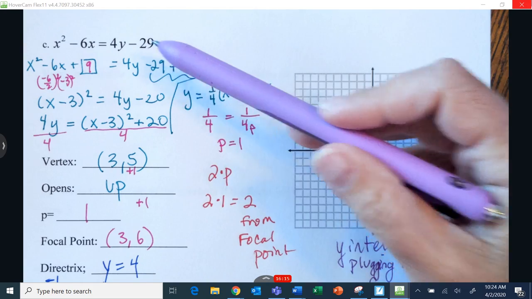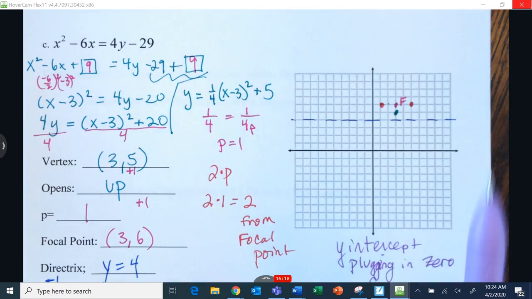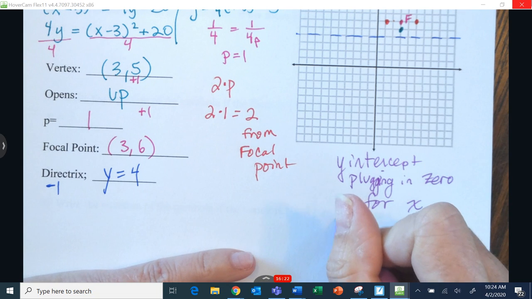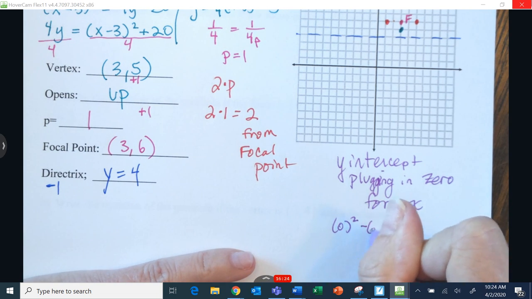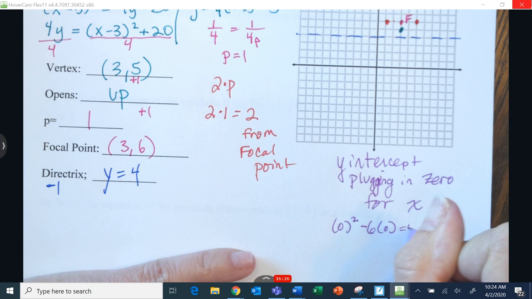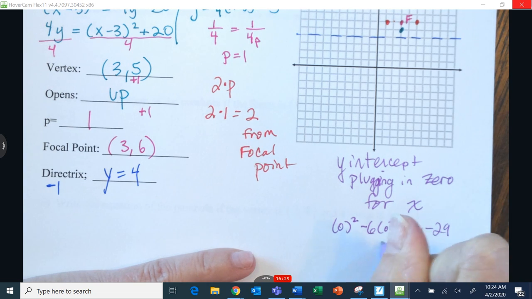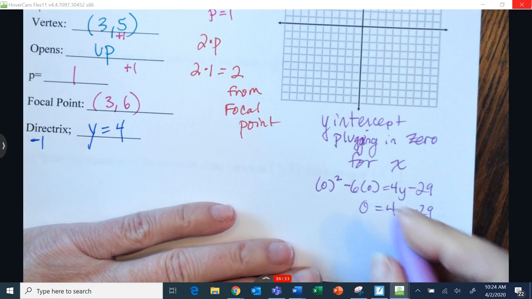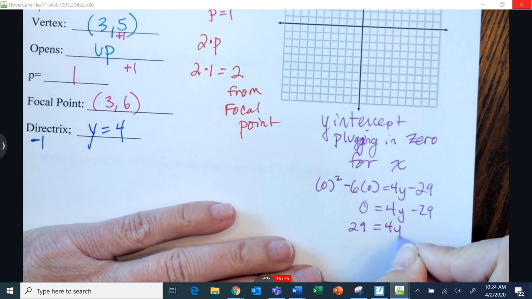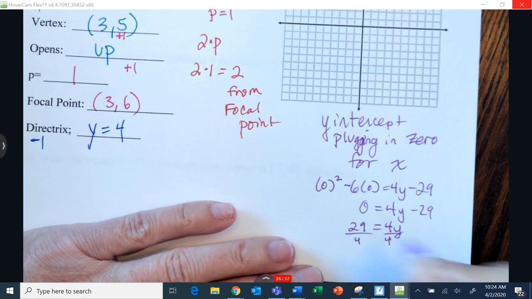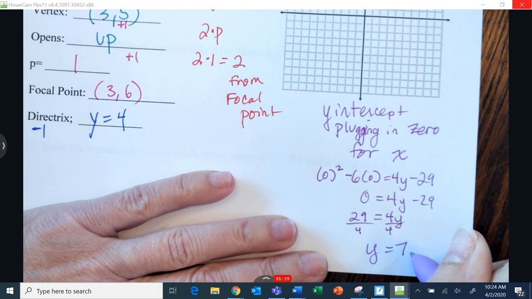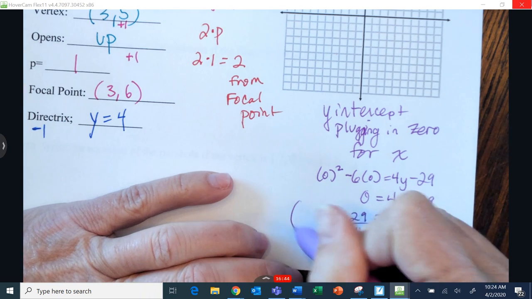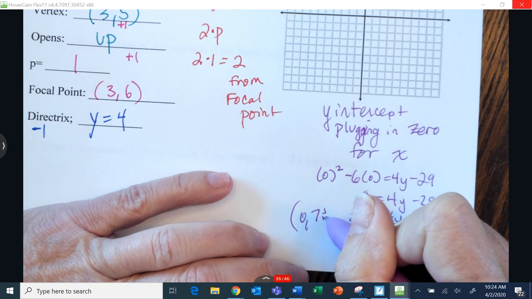I'm just going to use the original. Plug in 0 for x, we'll get 0 squared minus 6 times 0 equals 4y minus 29. So I'm going to solve that for y. 29 equals 4y, divided by 4. And it looks like y is 7 1/4. So my y-intercept is at (0, 7 1/4).